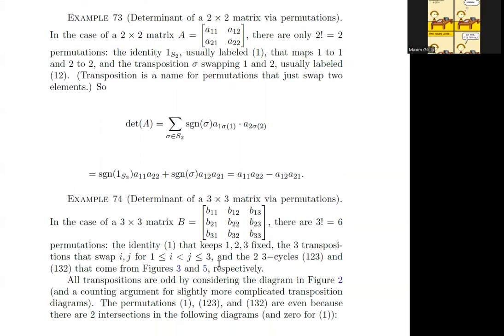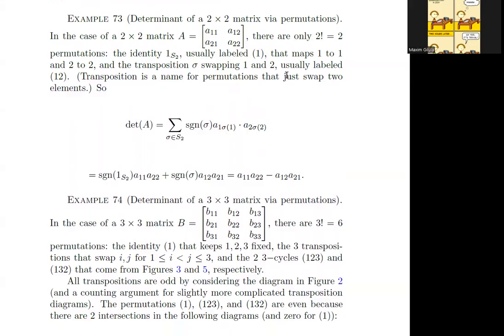So the determinant of a 2 by 2, now let's do this with permutations. So let's use the formula. There are 2 factorial, which is 2 permutations. The identity, which is usually called 1, where 1 goes to itself, and we leave out all the other information. So 1 goes to 1, 2 goes to 2, and the transposition swapping 1 and 2, usually labeled (1 2).